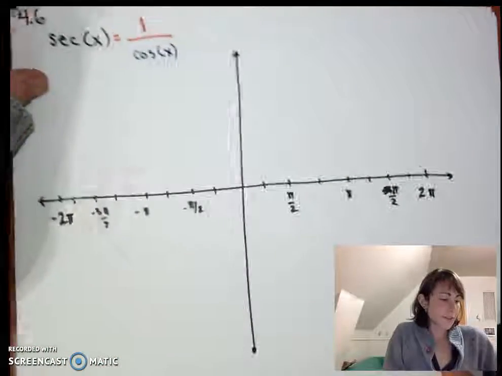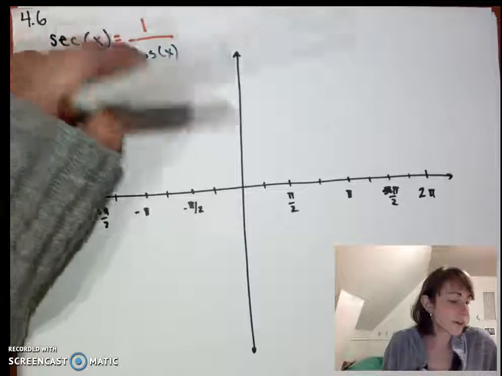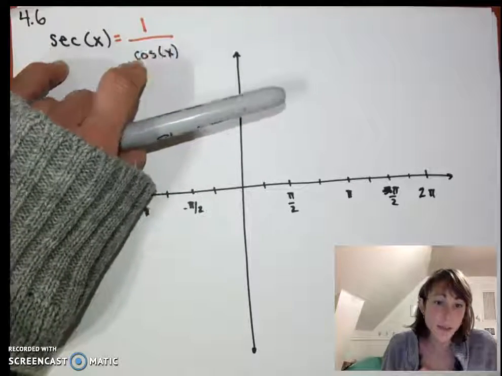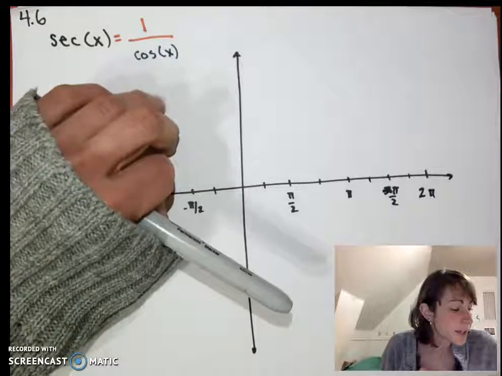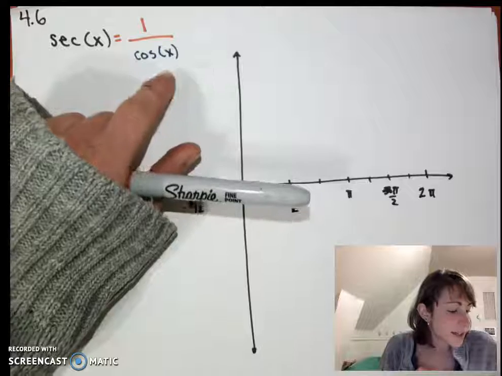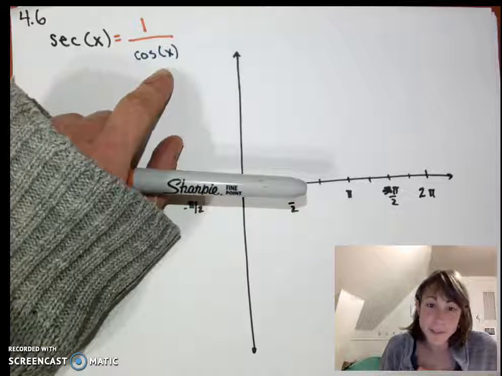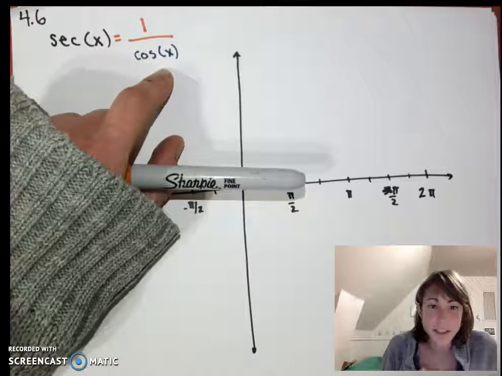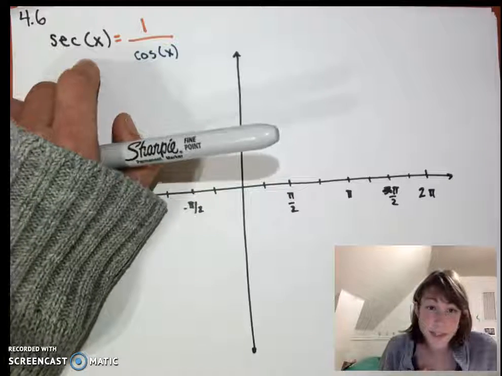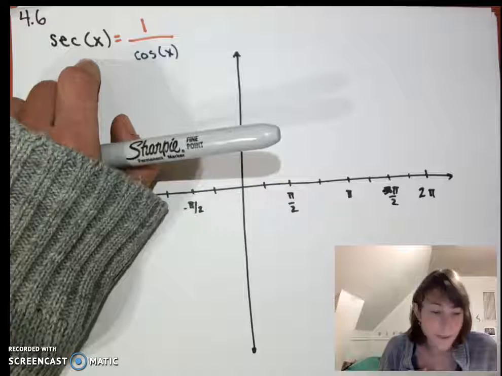So this is a fraction, 1 over cosine of x. As we plug in different x values, this denominator is going to change. So we can think about secant of x in terms of cosine of x. Let's say that cosine of x is very, very small, like 0.001. Then secant of x is going to be very, very big.